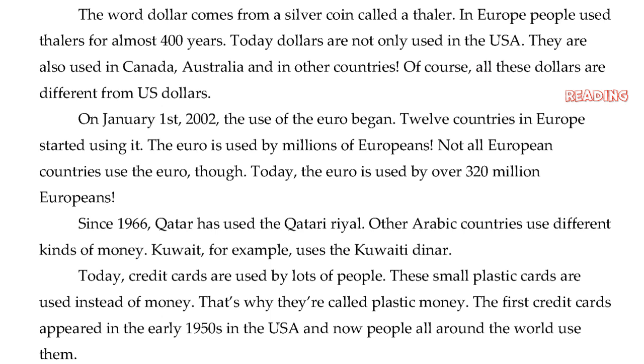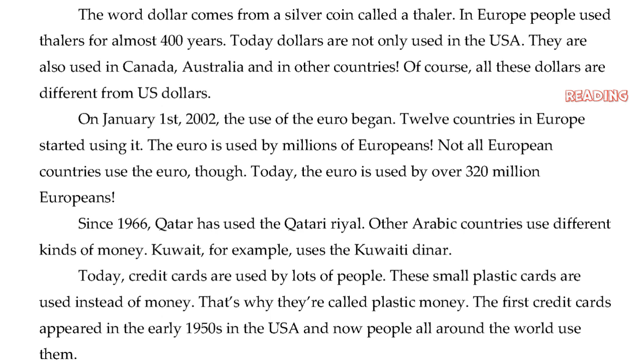On January 1st, 2002, the use of the euro began. 12 countries in Europe started using it. The euro is used by millions of Europeans. Not all European countries use the euro, though. Today, the euro is used by over 320 million Europeans.